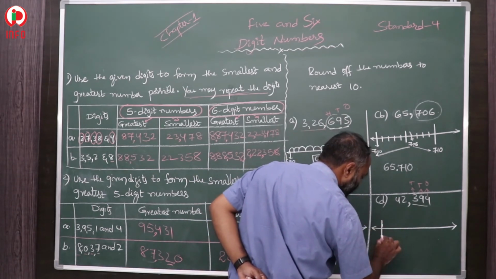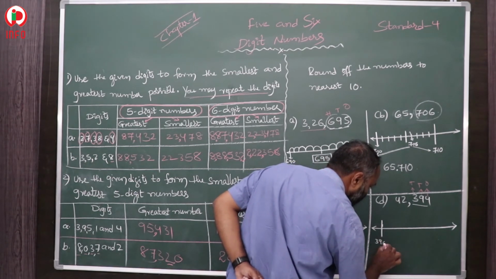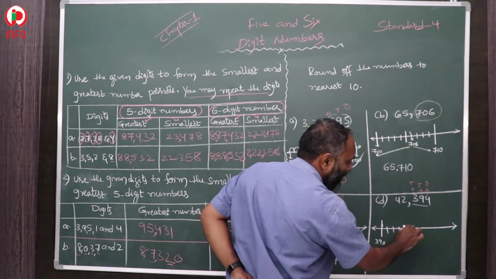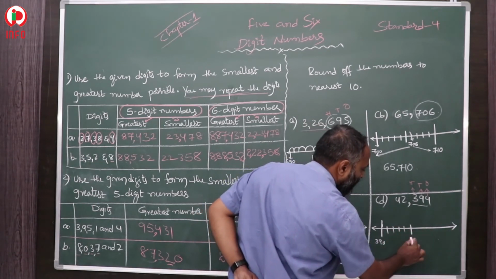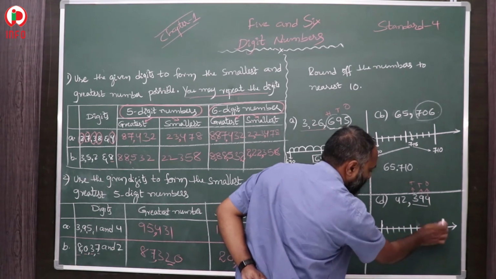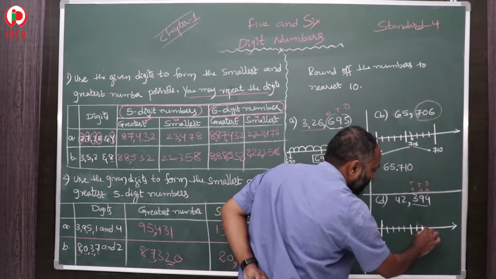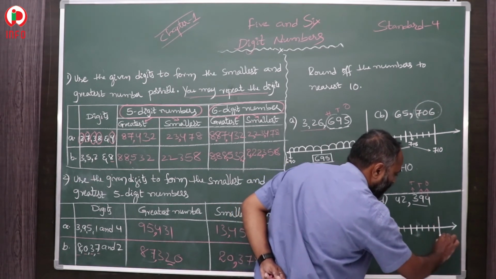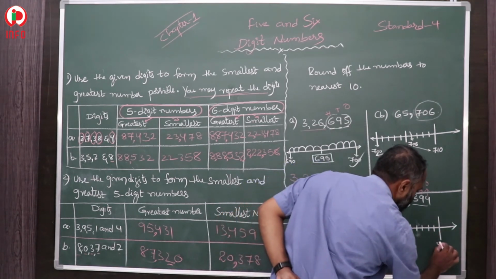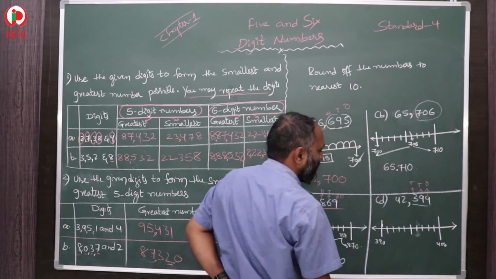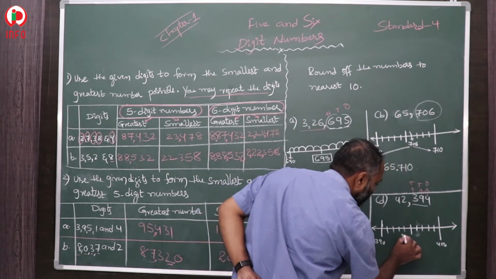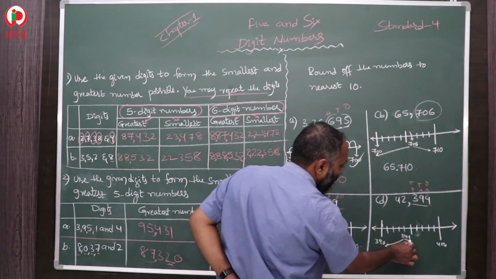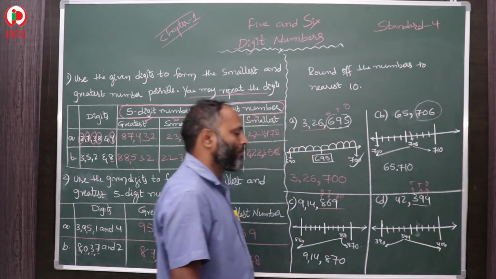First you take 390: 391, 392, 393, 394, 395, 396, 397, 398, 399, 400. 394 is nearest to 390 and far from 400.